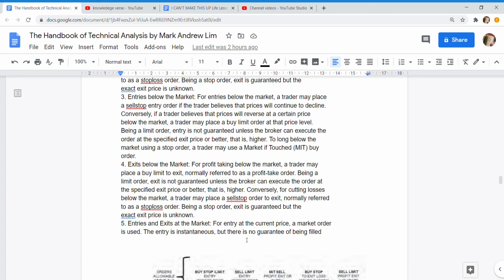5. Entries and exits at the market. For entry at the current price, a market order is used.